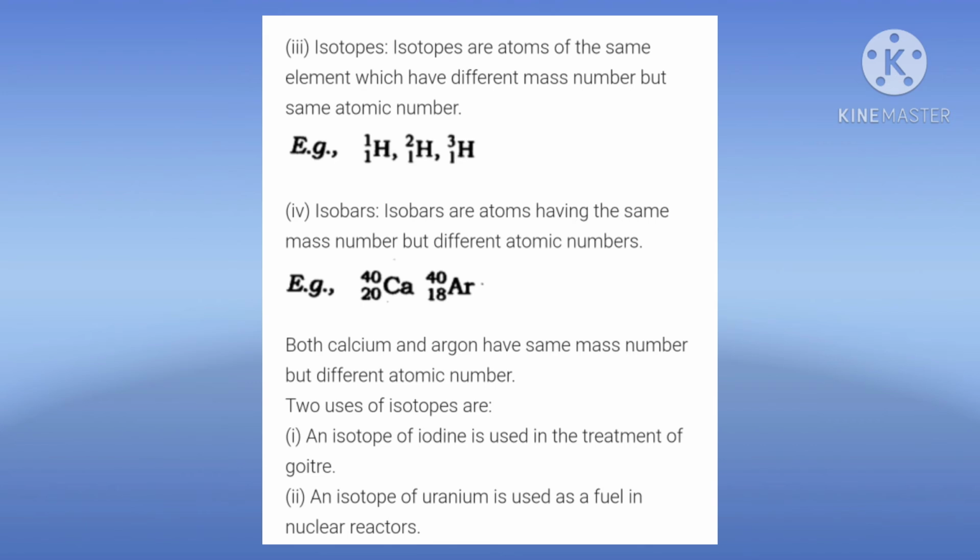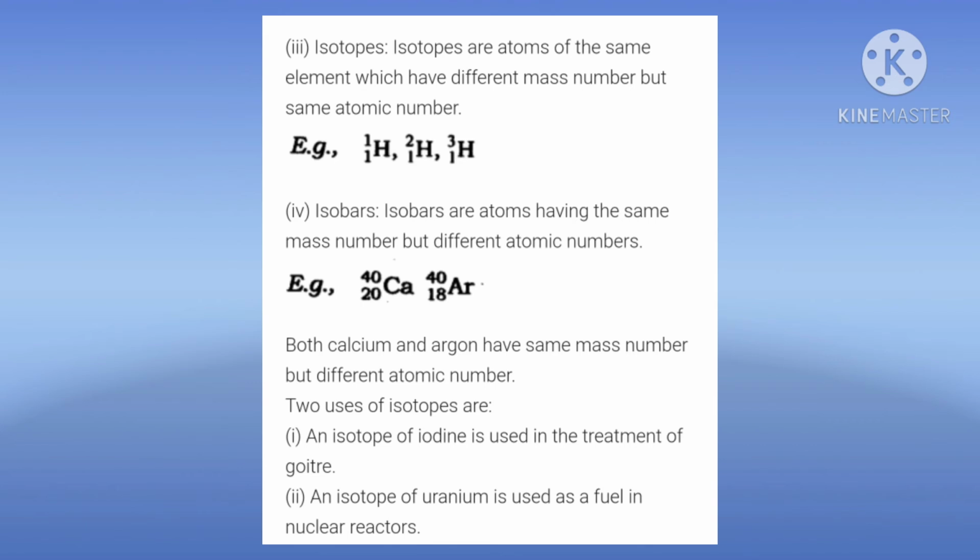In tritium, the atomic number is 1 and the mass number is 3. The atomic number is the same, only the number of neutrons changes.